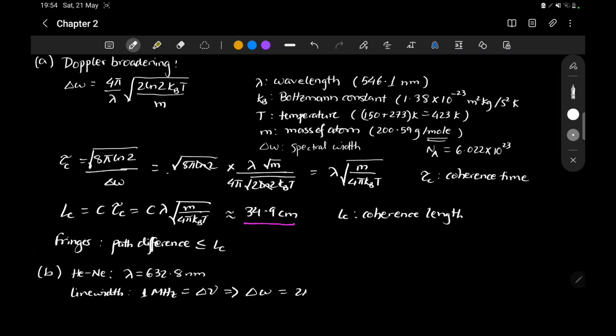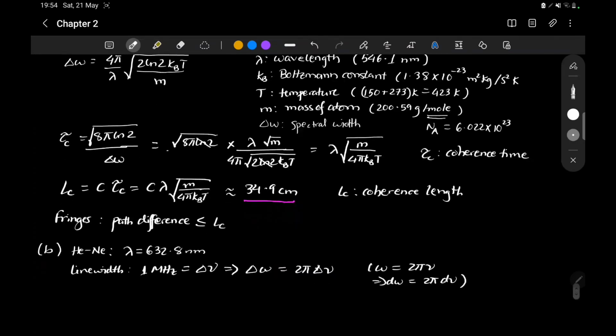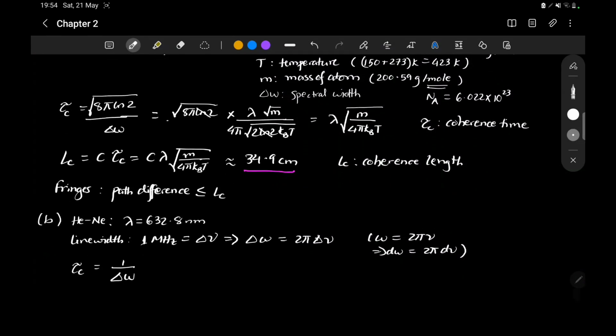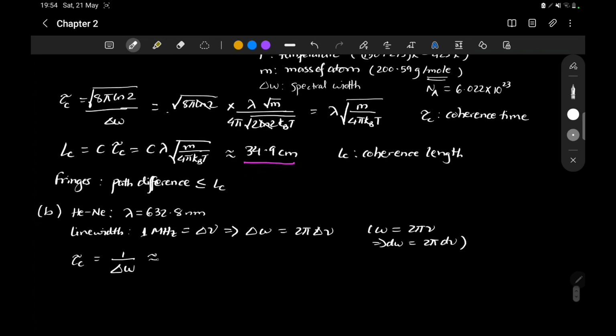Spectral width is 2 pi times delta nu. This is because omega is 2 pi times nu. So d omega is equal to 2 pi d nu. So delta omega is 2 pi delta nu. And from this we get coherence time tau c as 1 over delta omega. We calculate, this comes out roughly 1.59 times 10 to the power minus 7 seconds.